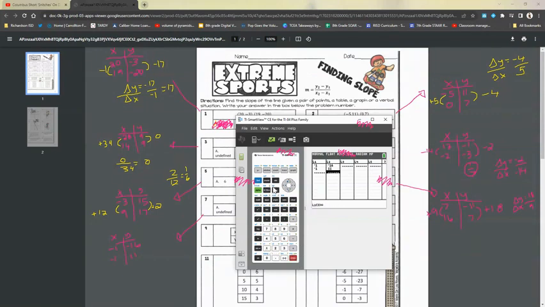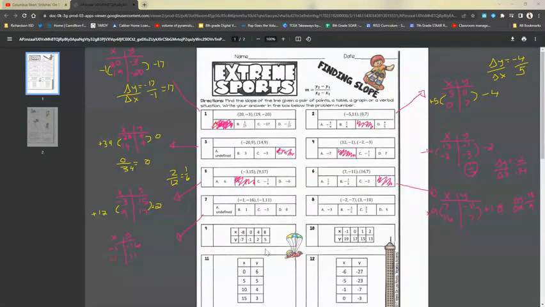And then I do stat, calc, 4, enter, enter, enter, enter. And you see we get error domain. That's because it is not a function. So the value entered is not allowed in the function because it's not a function. It actually tells you on the calculator. So therefore, it's going to be undefined.